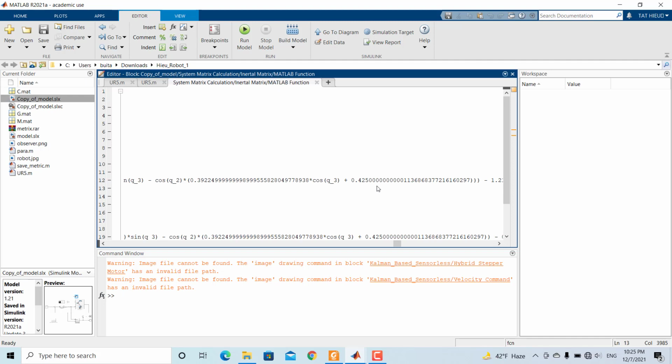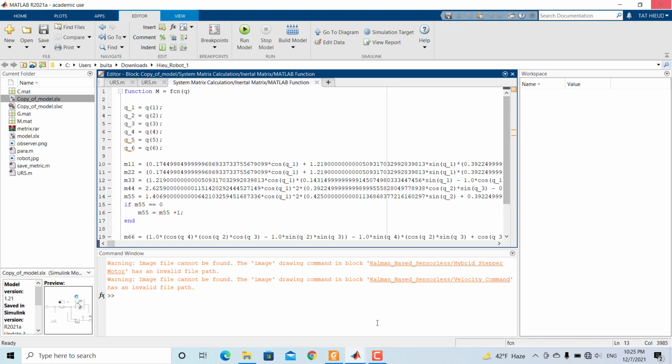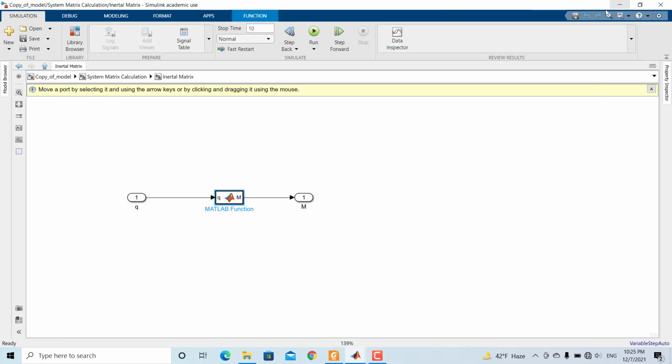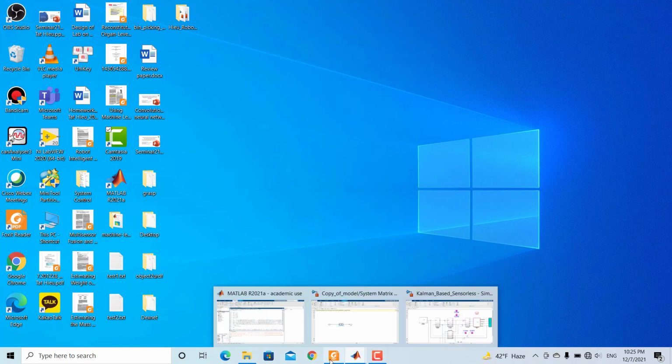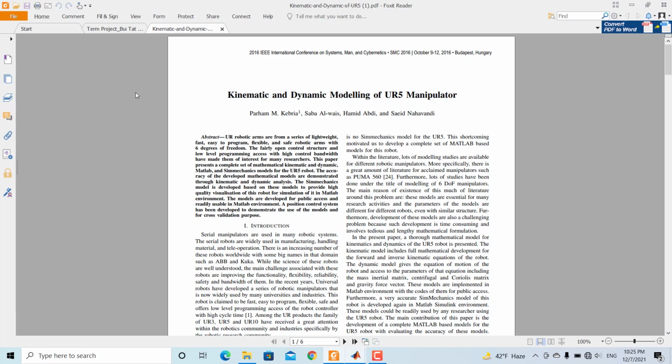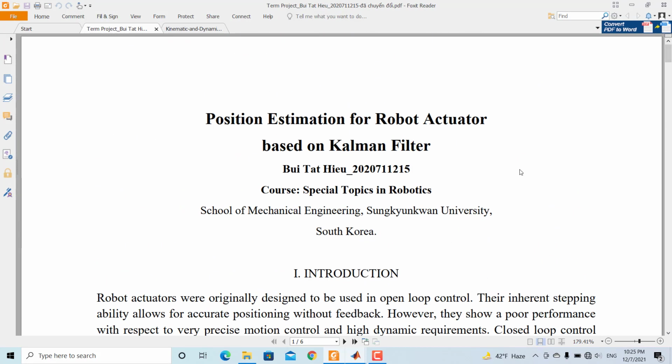I think I need more time to solve this matter. At last, I decided to change the topic to position estimation for robot actuator based on Kalman filter.